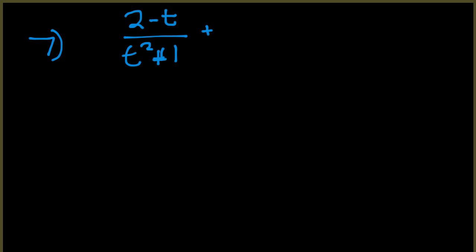All right, next one. We have 2 minus t. This is number 7. Okay. 2 minus t over t squared plus 1. And that's a plus. No, it's a minus.